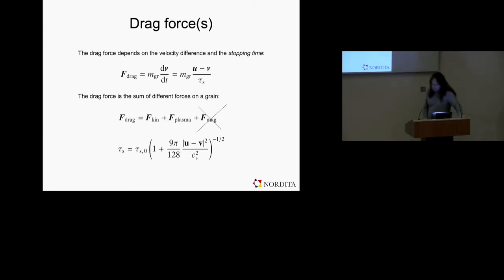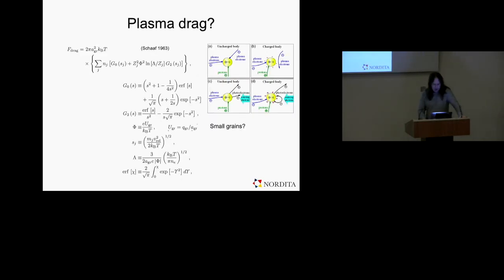So we have two forces then. Obviously, the magnetic forces are irrelevant here. The kinetic force is obviously going to be important. The question is, will the plasma drag be important? And yeah, the math is a bit ugly.